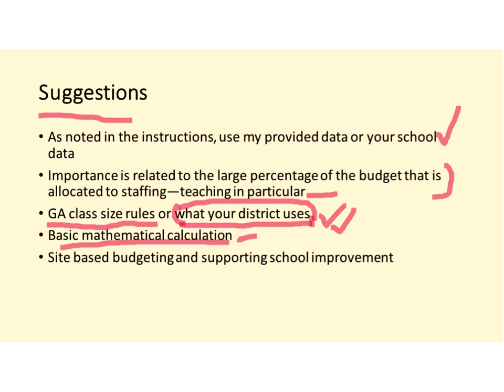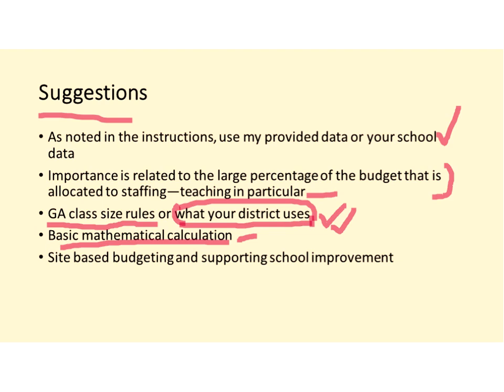Let's just use kindergarten as an example. If you have 100 kindergartners, and let's just say hypothetically the Georgia class size rules say 20 students per teacher, you would simply divide the number of students allowed per teacher, which is 20, into the 100 total students, and you would determine that you need 5 kindergarten teachers, each having 20 students in their class, would get you right at the Georgia class size rules.